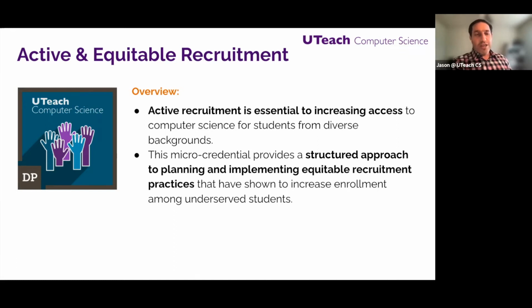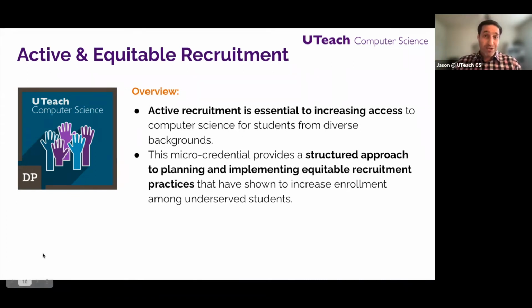So when you're looking to recruit for your CS class, you really want to put a lot of thought and effort into it, and you want to come up with a plan, okay? And you want that plan to be as equitable as possible, because you don't just want a class like AP-CSP to just be for the higher level learners in your school. You want to make these classes accessible to all the students in your school. So that's what we're talking about with active and equitable recruitment, okay?